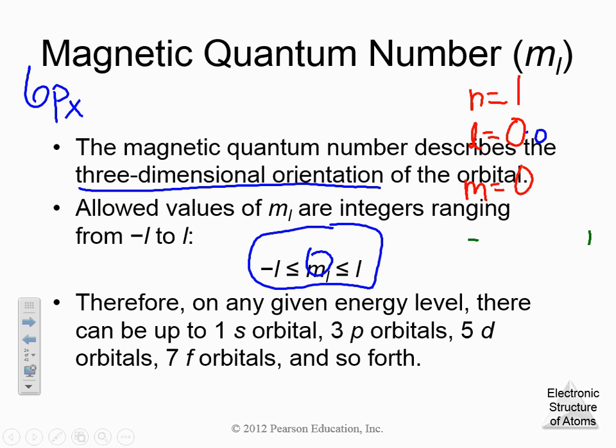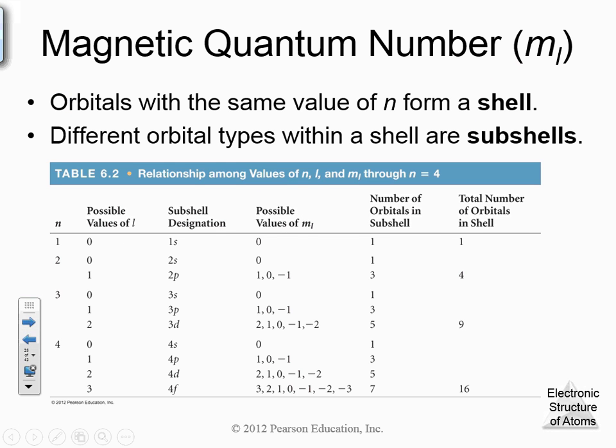So they're going to show you the magnetic quantum number. If we get a chart here, this chart can give you the idea of how each energy level works. So you have n equals 3. Possible values of L are all the way up to 2. Now I just want to explain something here.